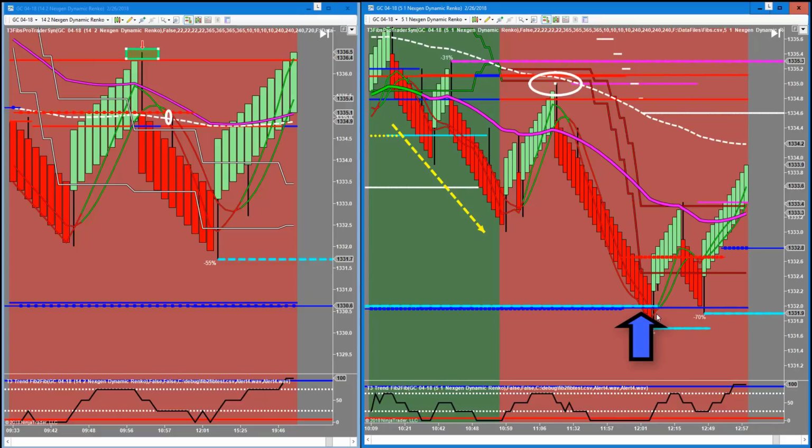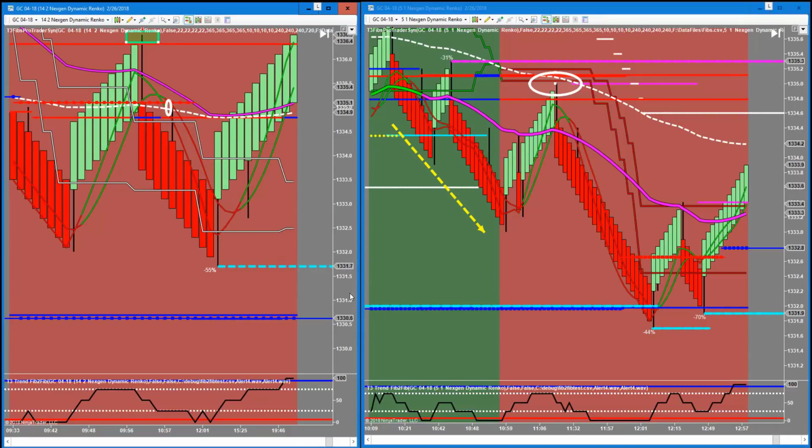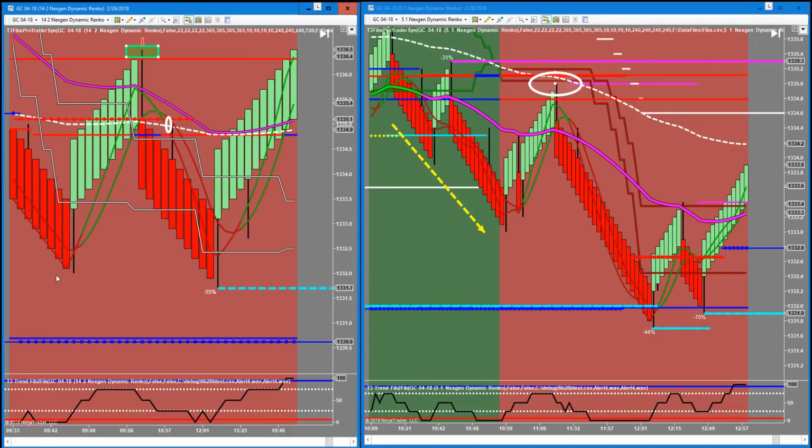But what you'll see is a combination of two different things on two different charts that are happening at the same time. Number one, on your large chart, you have a prior pivot low. So anytime you reach a prior pivot low and you have divergence potential, you have to watch out for that prior pivot low to cause a reversal in the market.